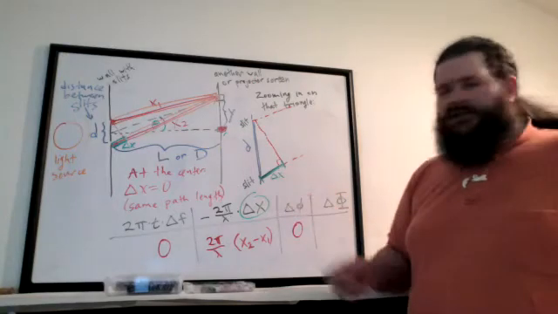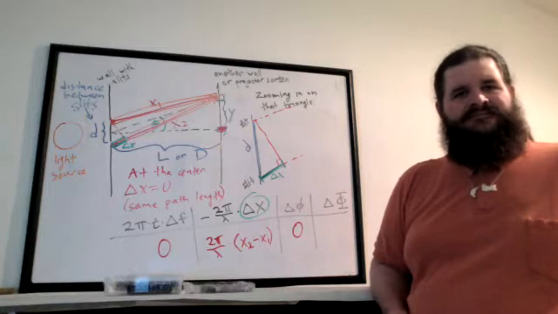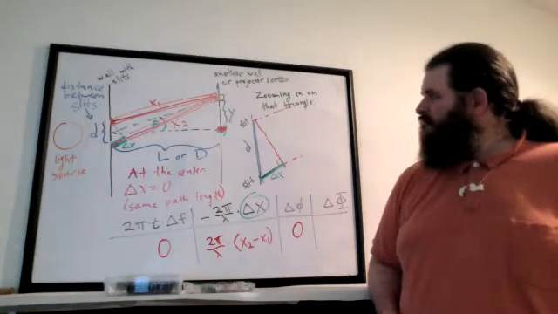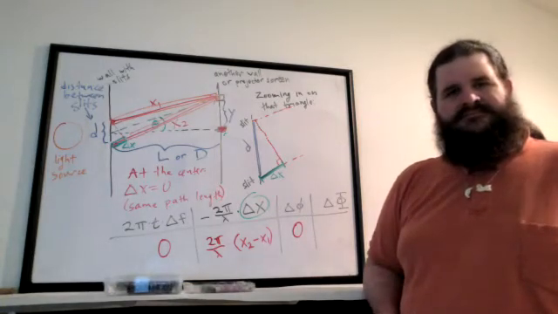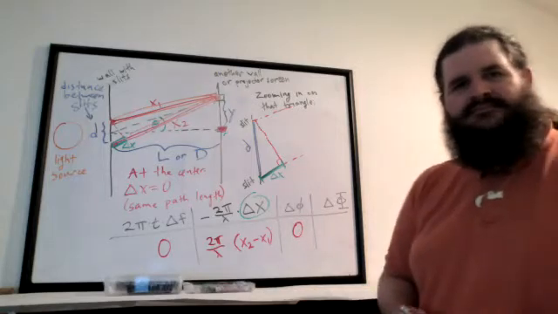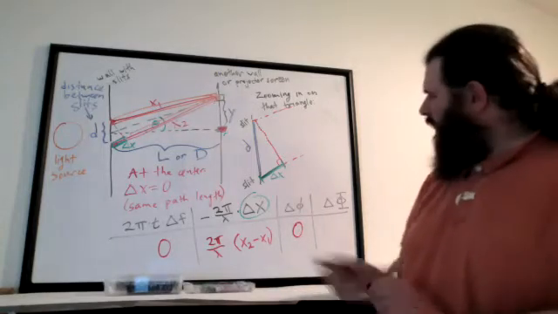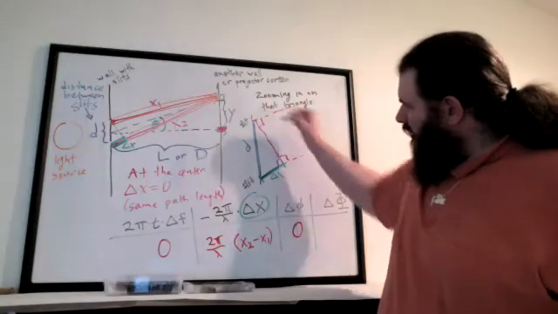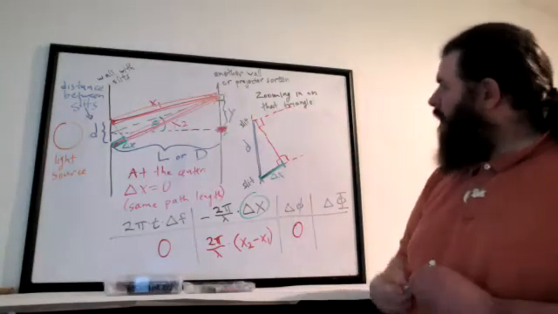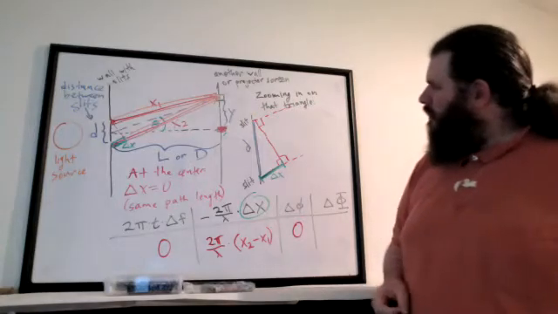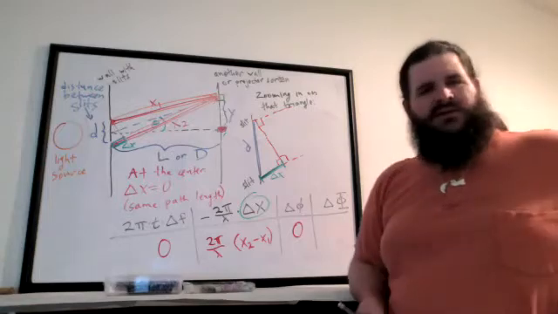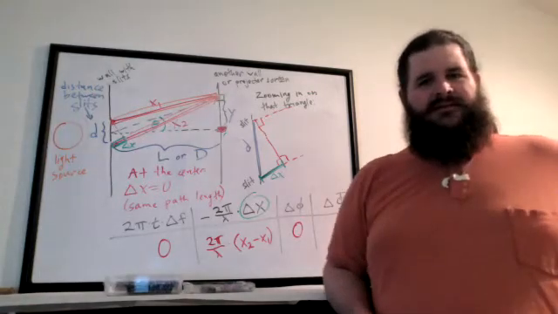And do we know any angles here? Are there right angles? Yeah, we know we have some right angles. So this angle and this angle are all right angles. And what were we using the angle theta to represent?